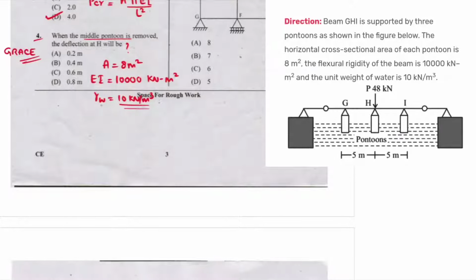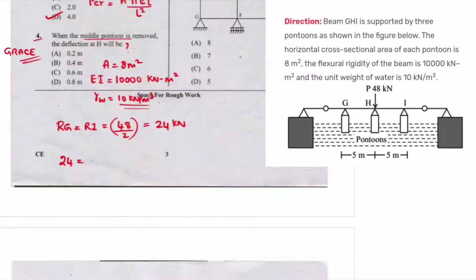By assuming these following data, let us try to find the deflection at point H. When the middle pontoon is removed, the force P will be resisted by pontoon G and I. So at point G and I, the reactions will be half times of the total concentrated load, which is equal to 24 kilonewton.